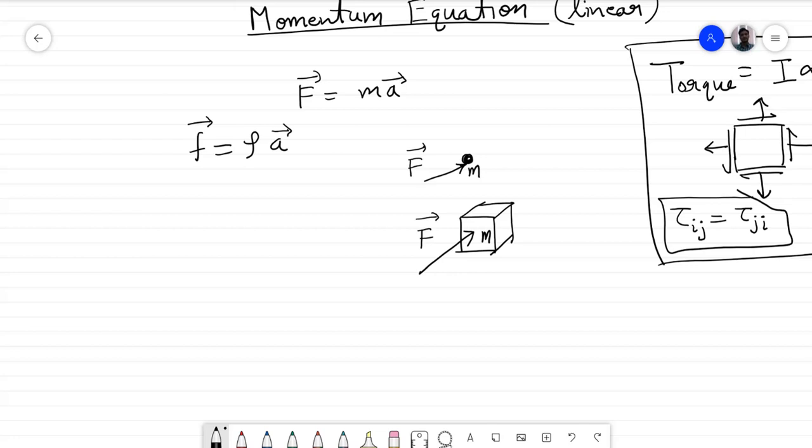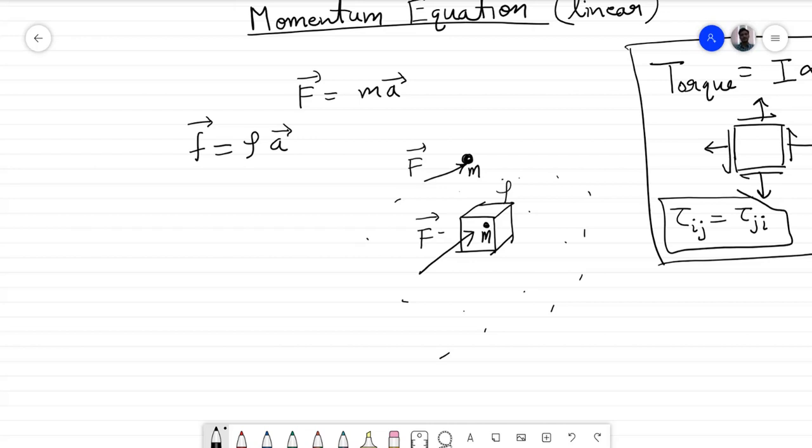Now we can also assume that at every point of this domain there is a fluid. It is not empty space. There is some fluid with varying density, and at this particular point, for this infinitesimally small system, the density is rho at this particular point.